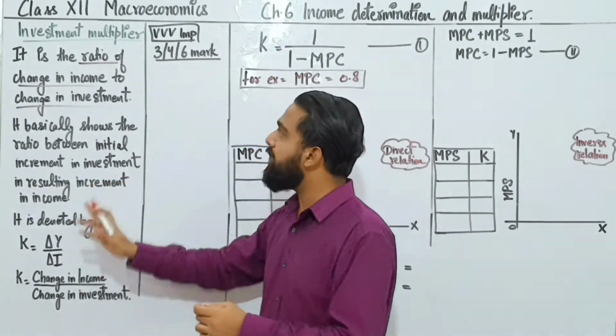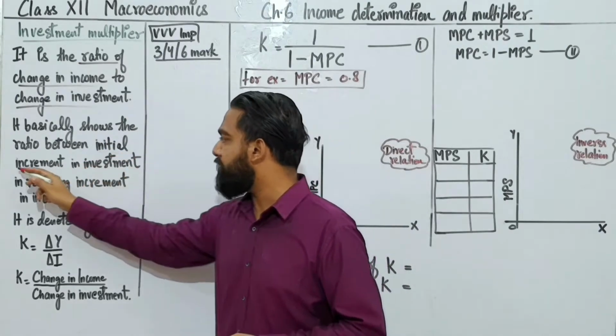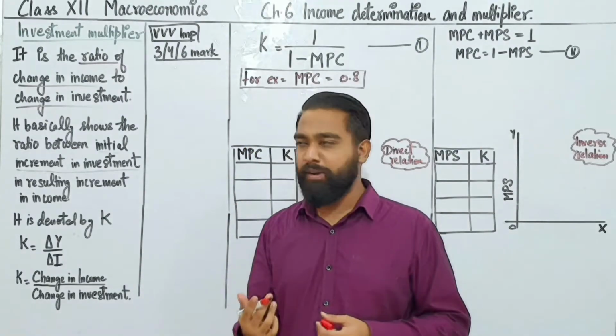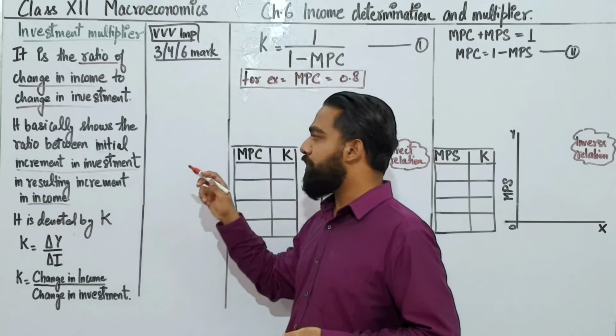Basically, investment multiplier shows the ratio between the initial increment in the investment, meaning the additional investment, and the resulting increment in income.